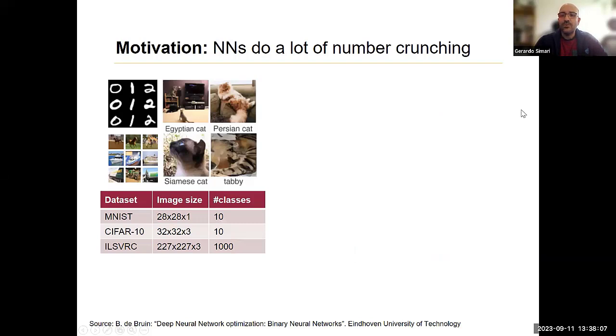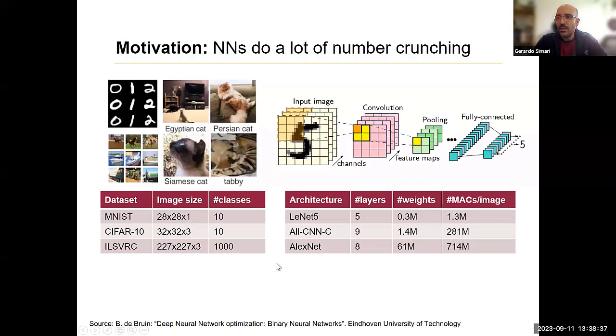So for the most well-known data sets, MNIST, CIFAR, and this other one, you have different numbers of classes, but let's look at the image sizes. For MNIST and for CIFAR, they're pretty small, 28 and 32 times like a square. MNIST is black and white, CIFAR is already color. And also this other one where we can see that the number of bits also grows, and it has many more classes.